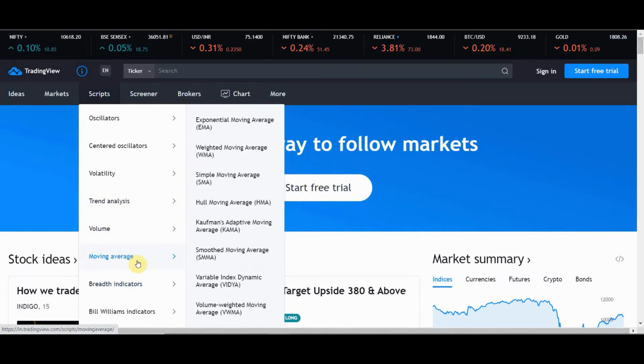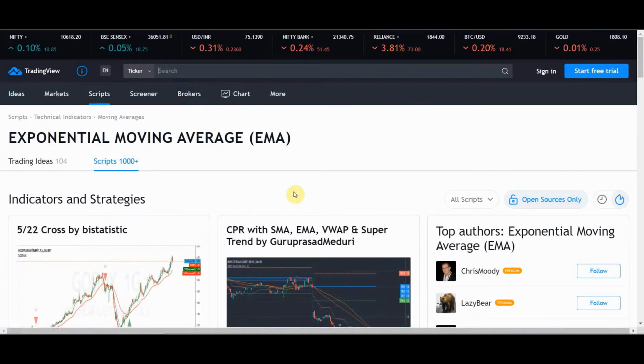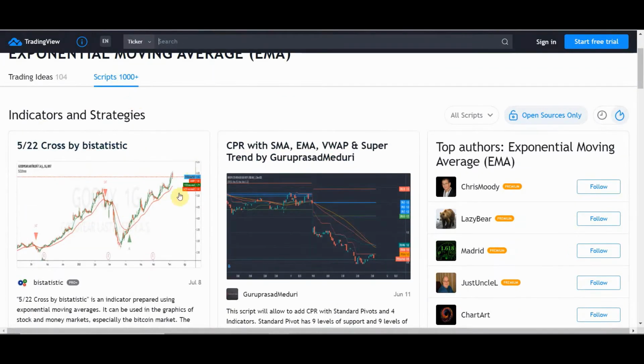By clicking on moving average there are different indicators. By clicking this EMA, we can study the indicator and strategies.